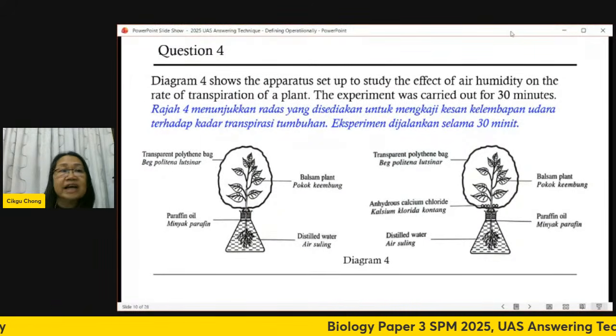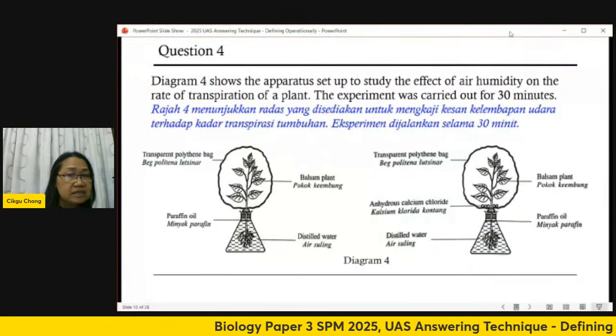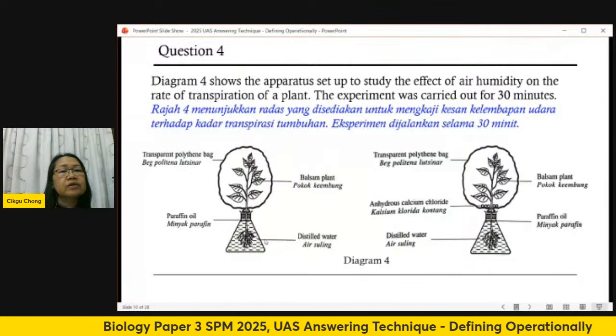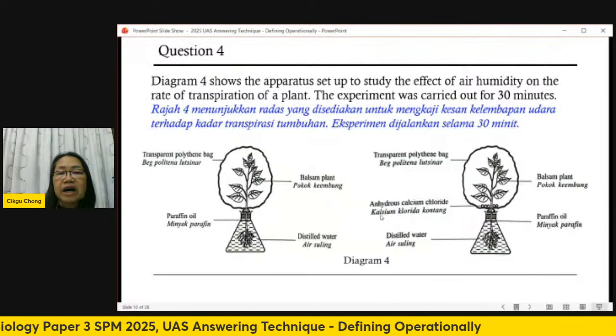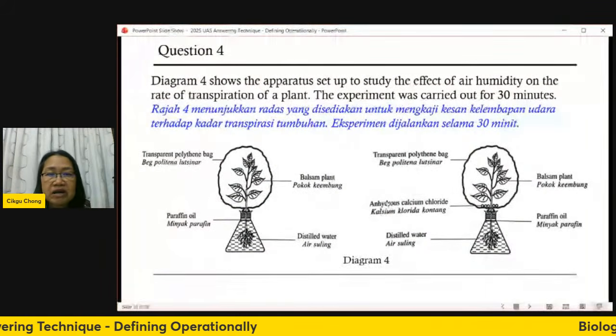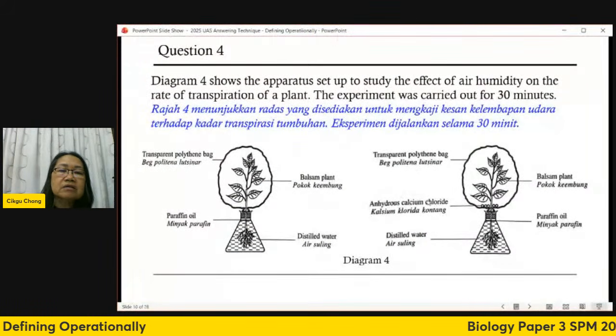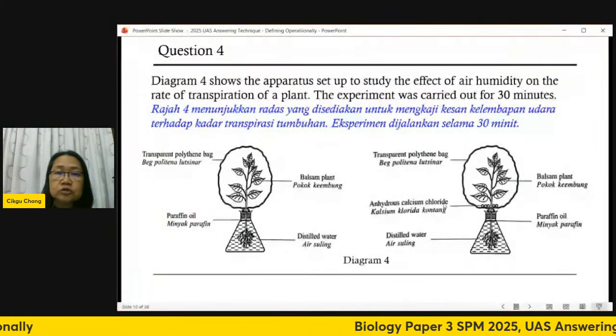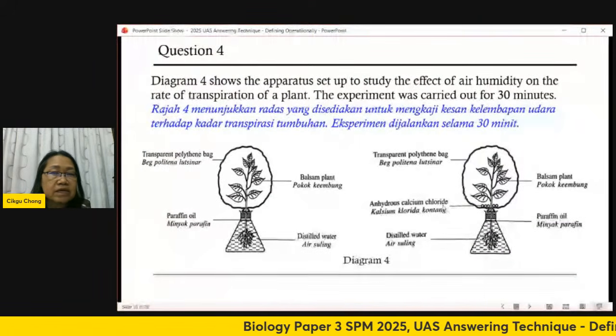Everything is the same, right? Except for one thing: the one on the left-hand side doesn't have this anhydrous calcium chloride. Anhydrous means kering, which means dry. Anhydrous calcium chloride is used to absorb moisture in the air.